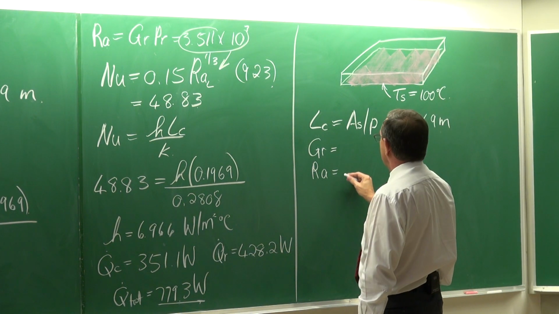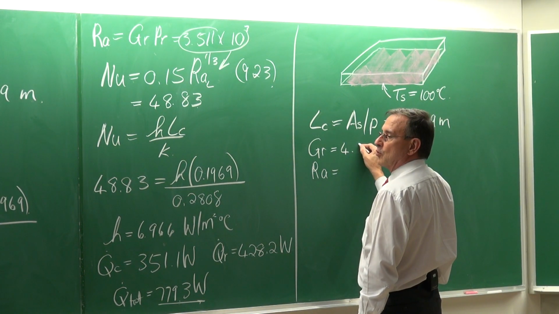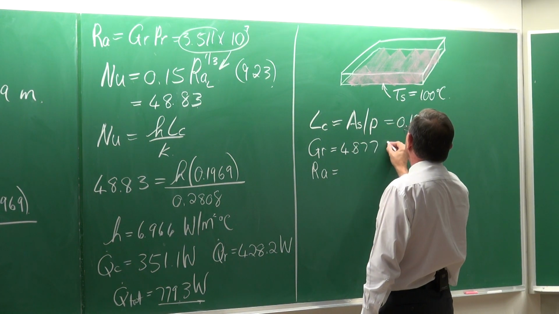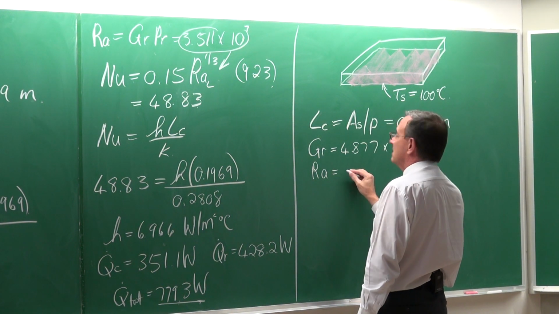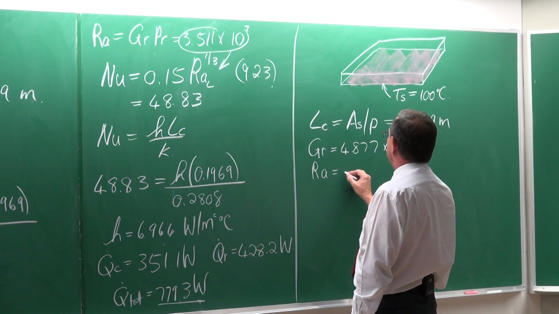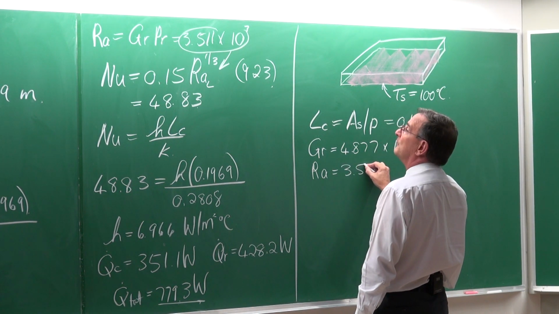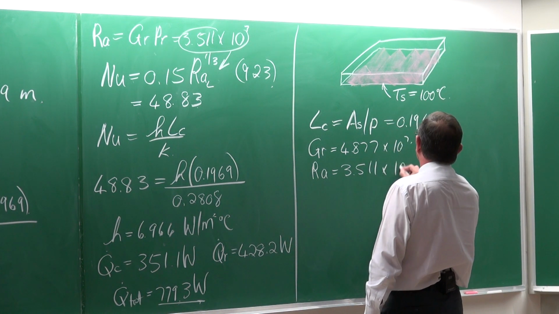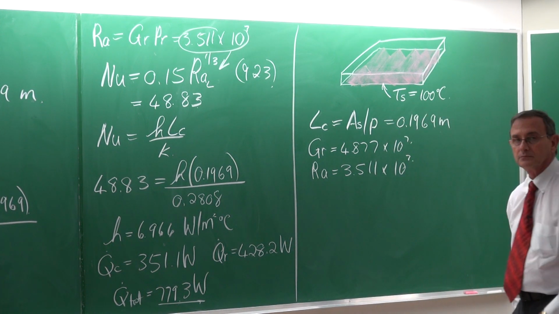So the Grashof number is equal to 4.877 multiplied by 10 to the 7, and the Rayleigh number is equal to 3.511 multiplied by 10 to the 7.